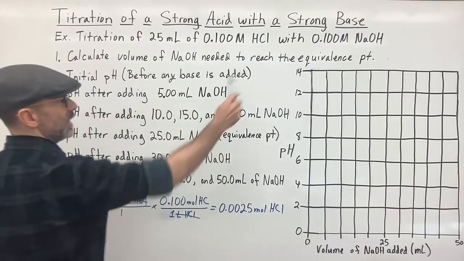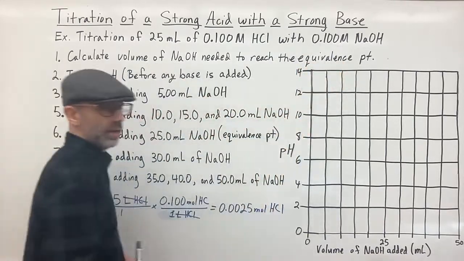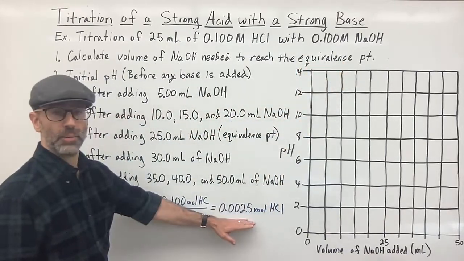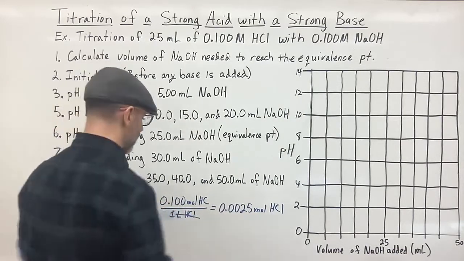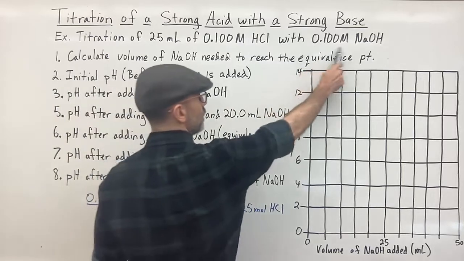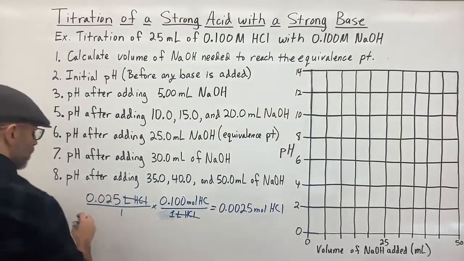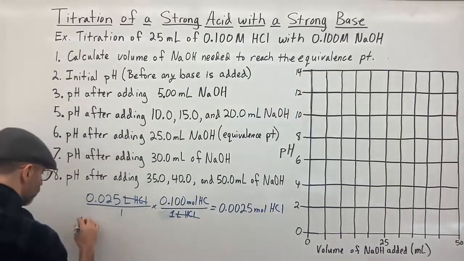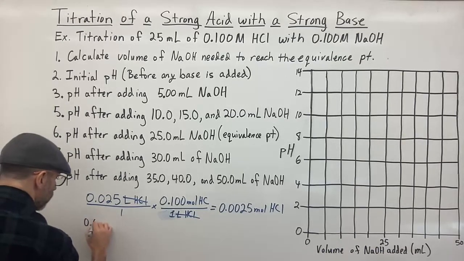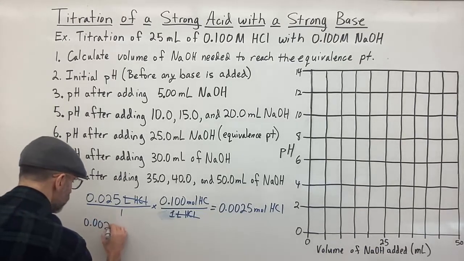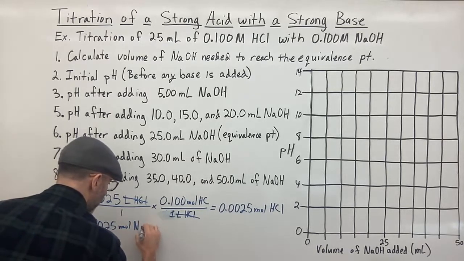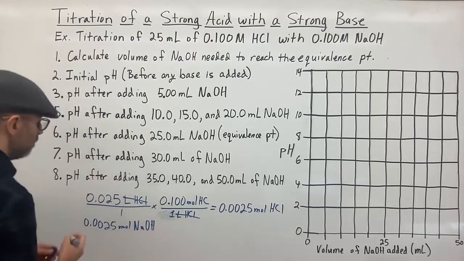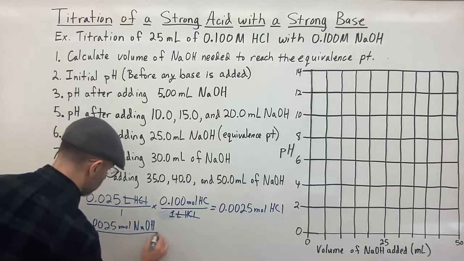Since they give me the molarity of the base, and now I know how many moles of the base I need to add, I can use this to figure out the volume. So I'm going to start with this amount. It's going to be 0.0025 moles, this time moles of NaOH, over 1.